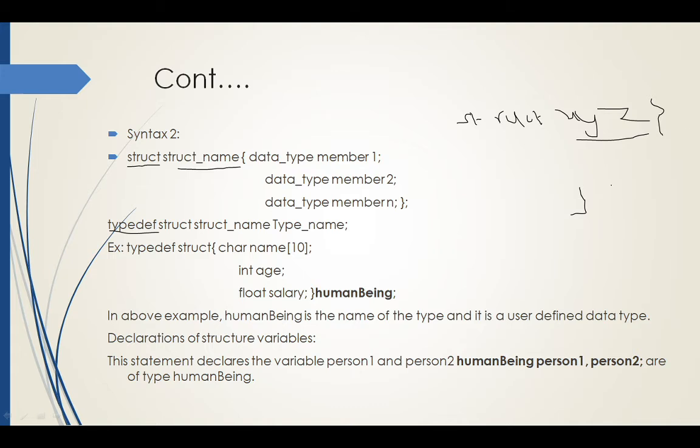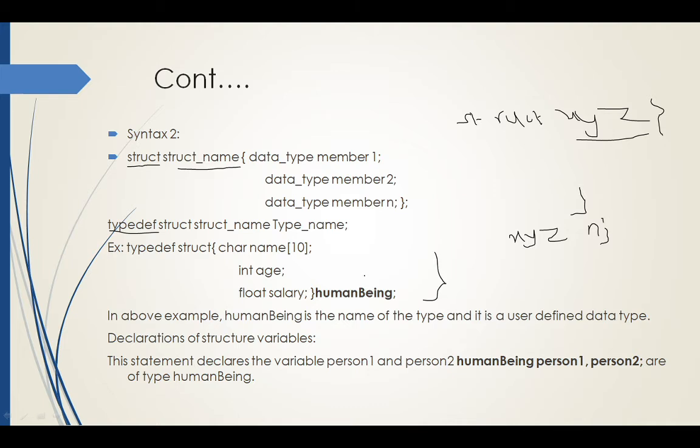You should write it here. XYZ is a structure name and I want to create a variable for this structure, say n. So n is the type name here, and the structure name is XYZ. So you are defining a structure variable here using typedef. So this is one way.